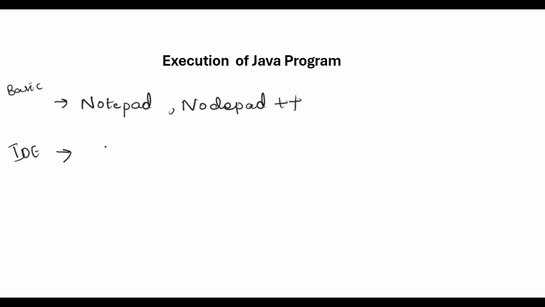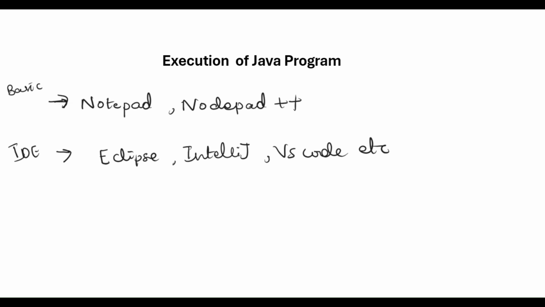IDE is nothing but Integrated Development Environment. We have Eclipse, IntelliJ, and VS Code, etc. These are the advanced editors for Java development, and Notepad and Notepad++ are the basic editors.